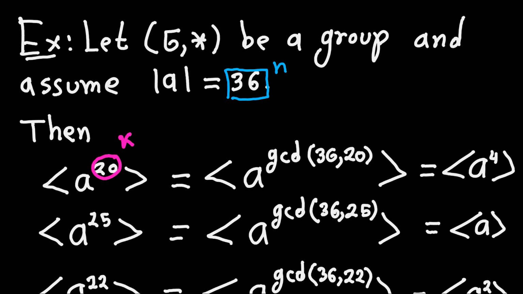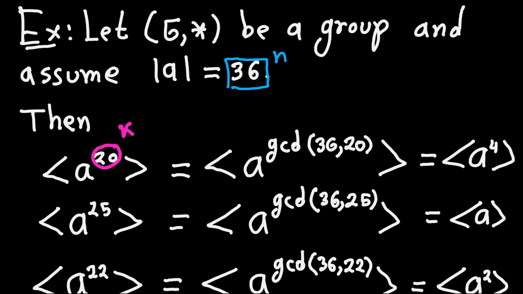So what would be a more convenient way to write a generator for this group? It will be the same element a to a power, which is the greatest common divisor between n, the order of a, and 20, which is the exponent here.